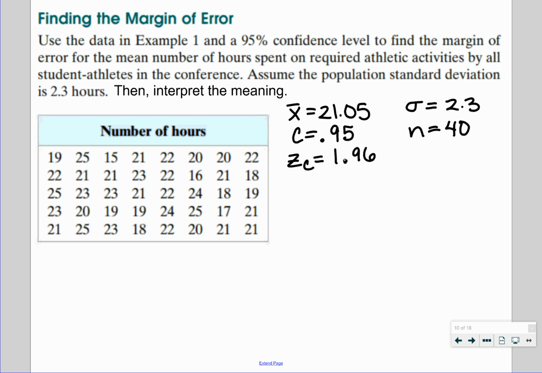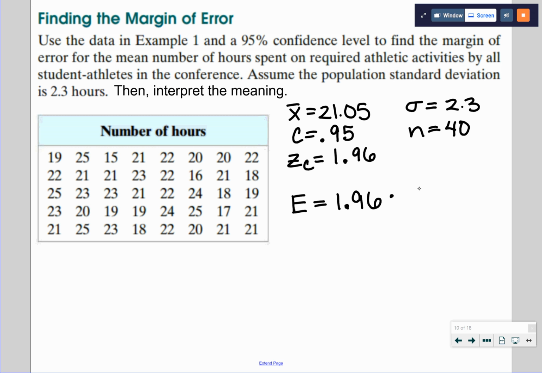Okay. So error is our critical value, 1.96, times the population standard deviation divided by the square root of our sample size.